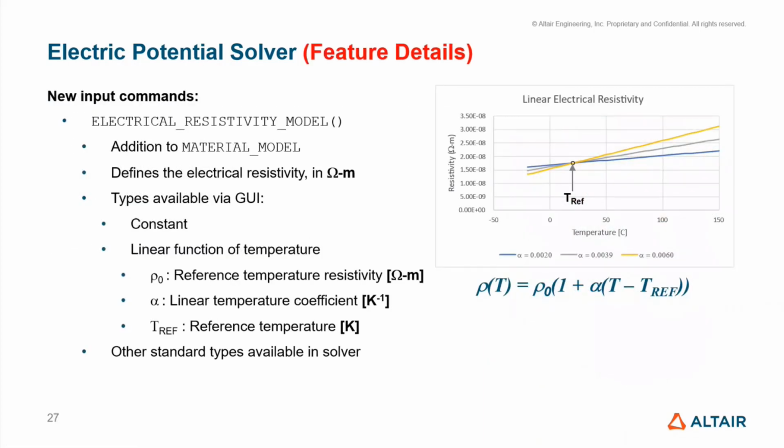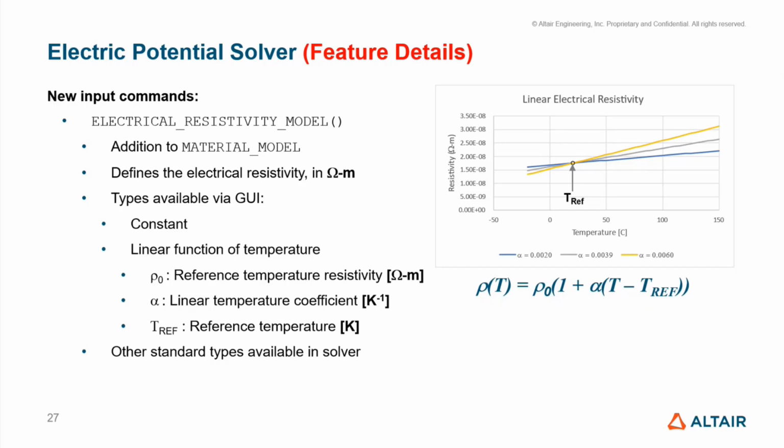So with this feature, a new material model component, the electrical resistivity model, is added to define the electrical resistivity of a solid in ohm meters. Two types are available in the SimLab interface: constant and as a linear function of temperature.